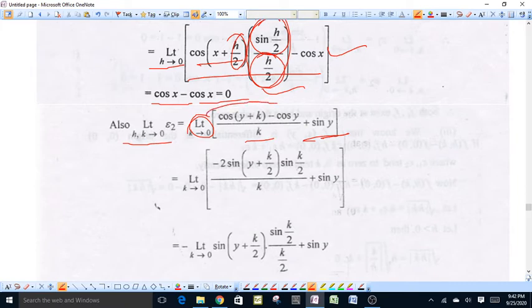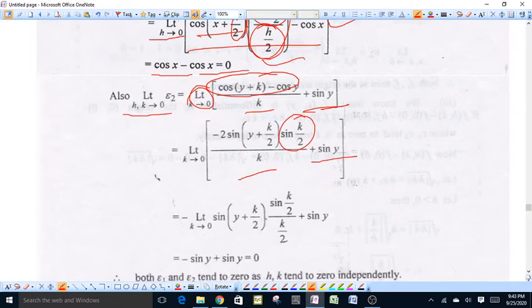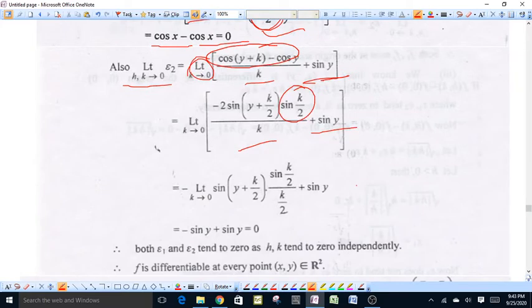This can be written, by applying the formula for cos C minus cos D, as minus 2 sin((y+k)/2) sin(k/2) upon k plus sin y, limit as k approaches 0, which is equal to minus the limit as k approaches 0 of sin((y+k)/2) sin(k/2) upon k/2 plus sin y.